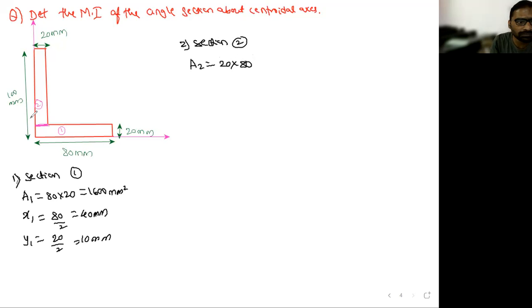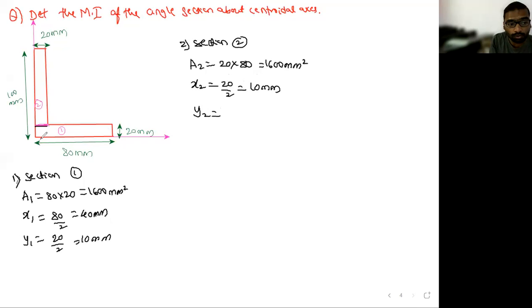The total depth given is 100, but 20 of that 100 has already gone in section 1, so the remaining is 80. Area is 1600 mm square. Then x2 along the horizontal direction: B is 20, so 20 upon 2, it is 10.